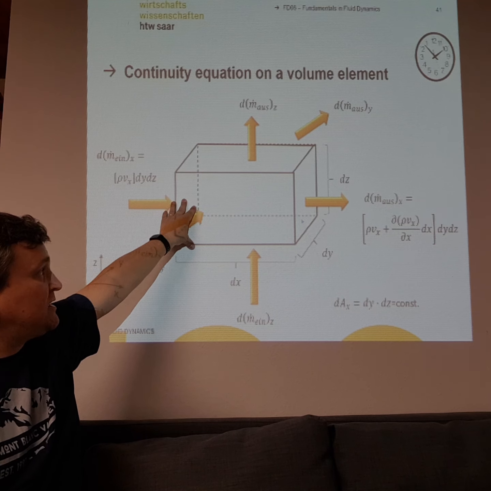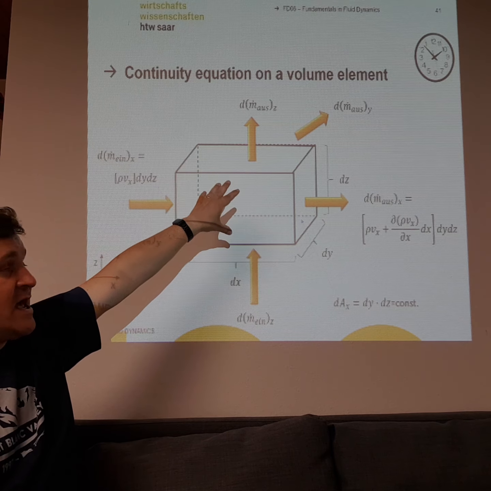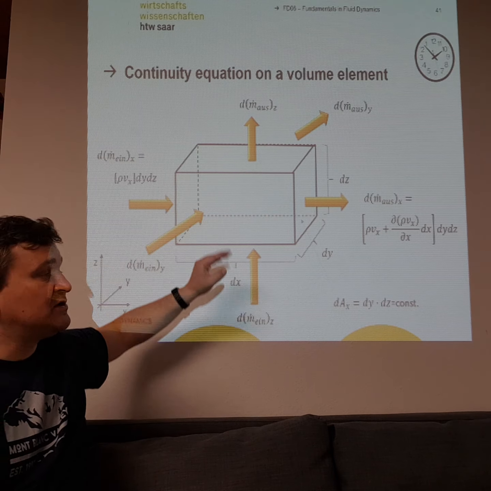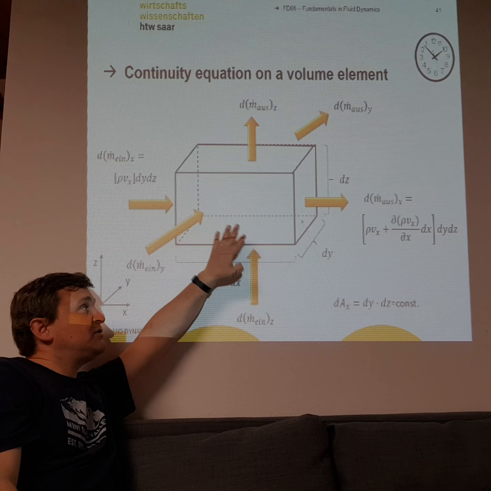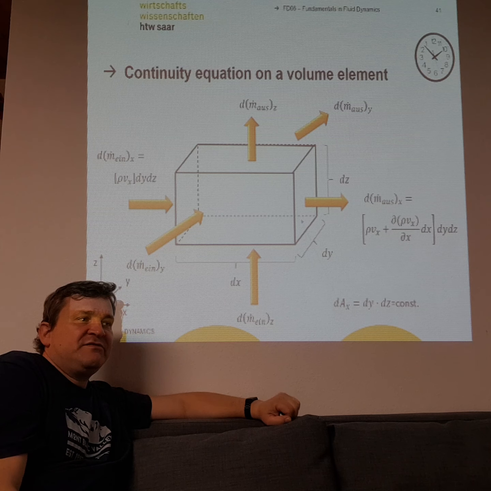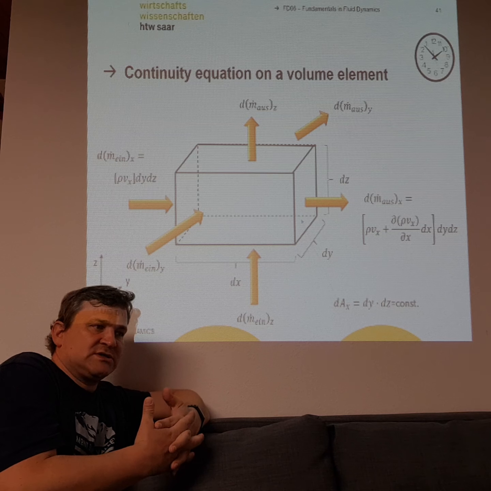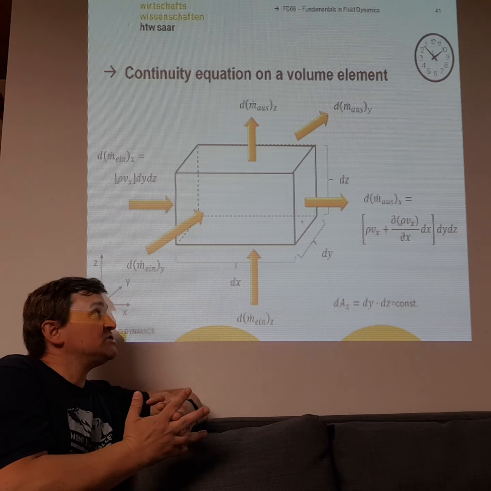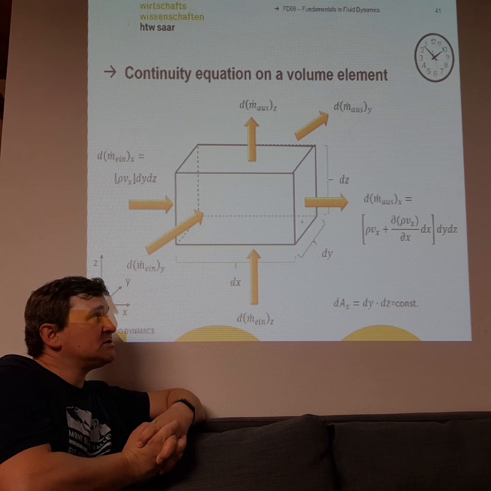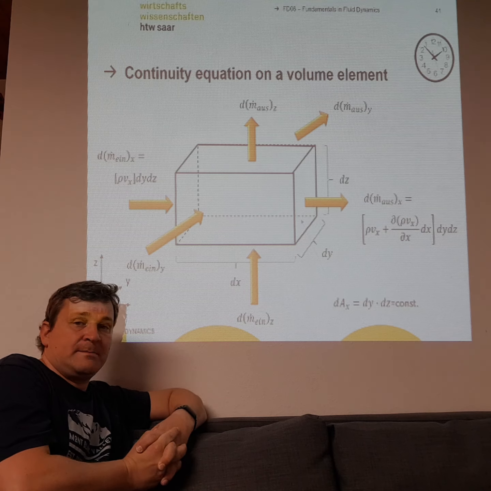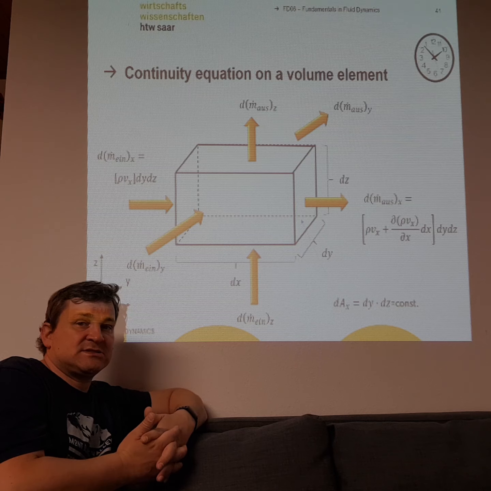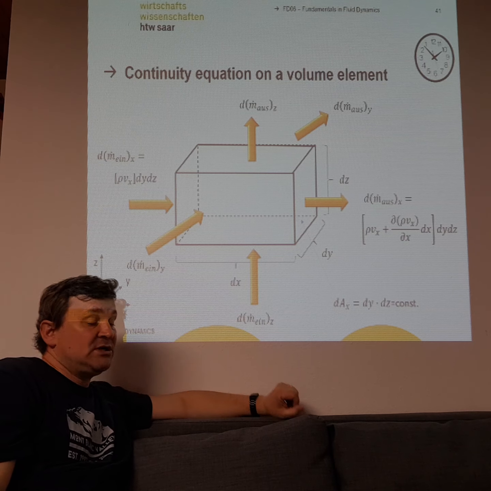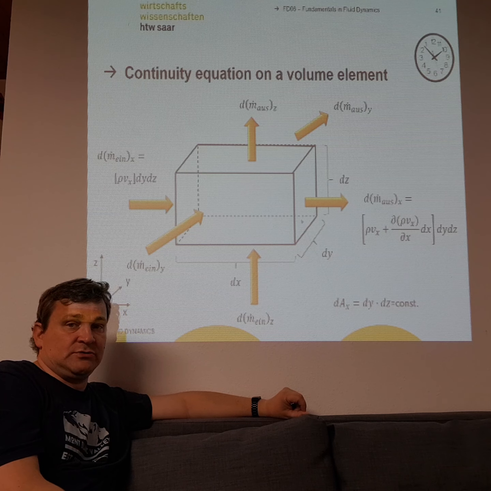So for every cell, if you, for example, have these hexahedral cells, you will have 6 different balances for every face of the cell. If you have another geometry, for example, tetrahedral cells, you have fewer formulations of this balance. So the number of mass balances in every direction depends on the geometry of your control volume.